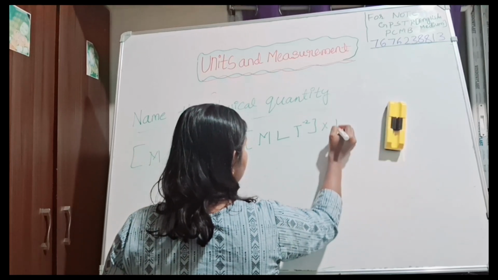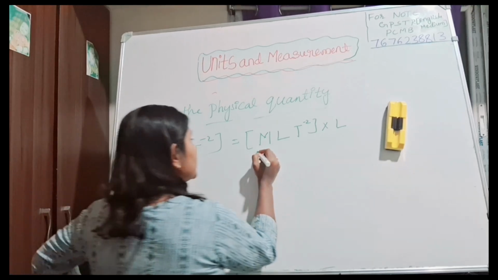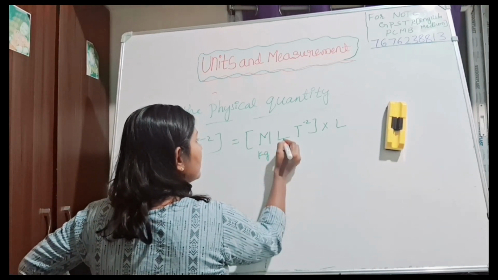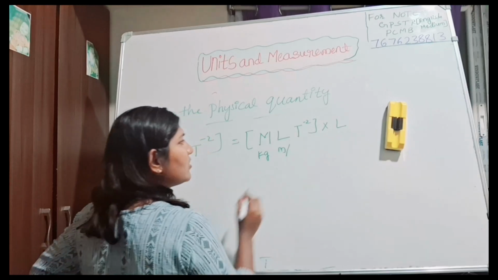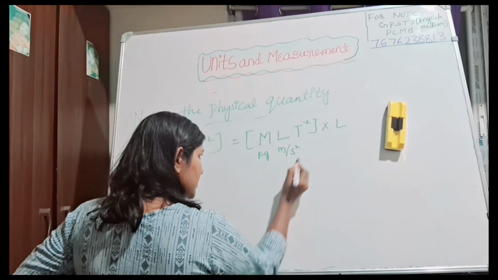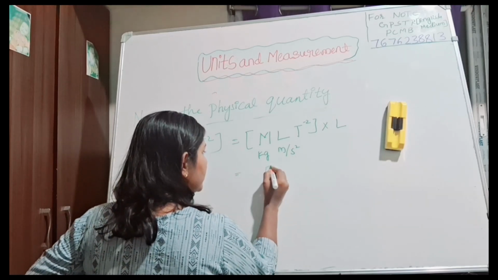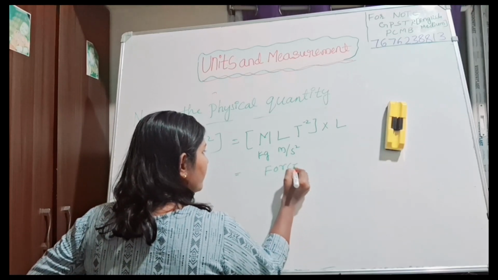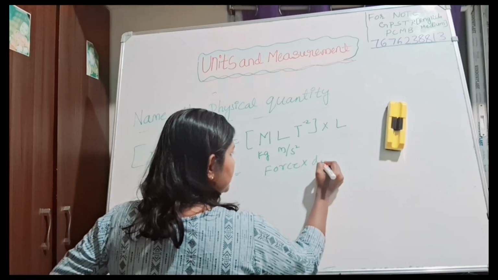Now M means kg, L means meter, and this T square means second square. So what is the SI unit you got now? That is force. Next here it is only L, it is a displacement.